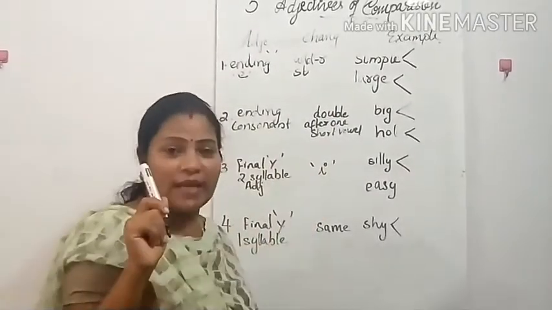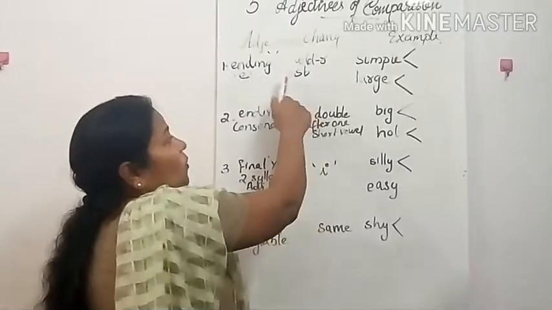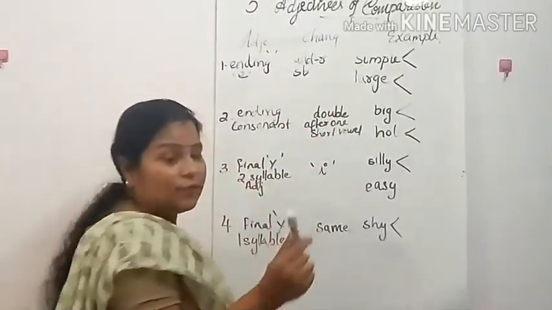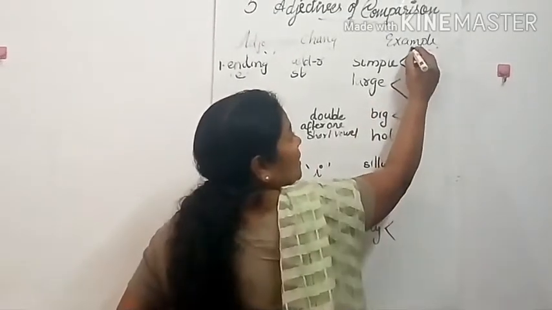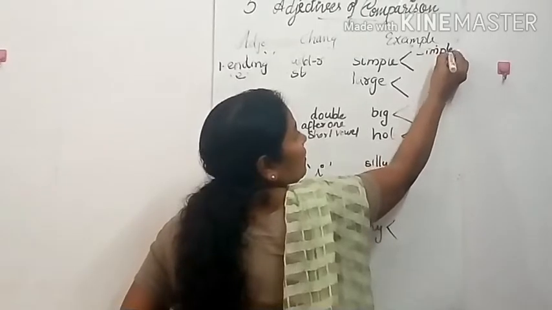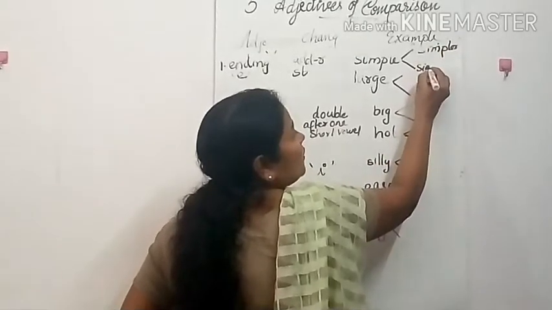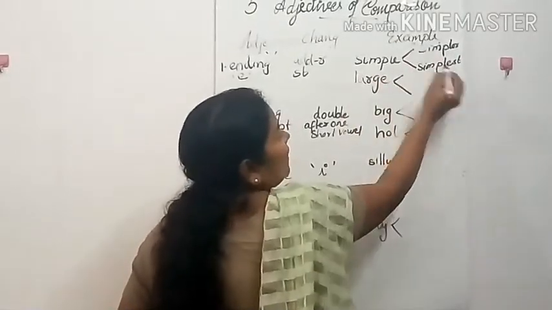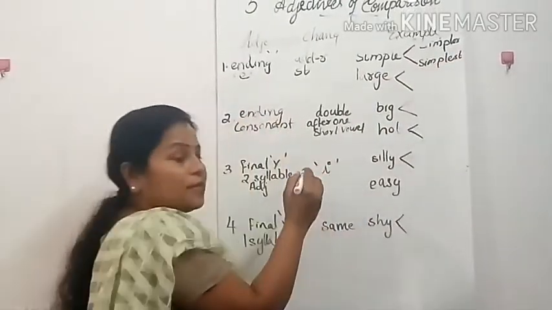Large is a word which ends in e. So what you are going to do, you just have to add r or st to it. Okay. So we have comparative, what we are going to write? Simpler, and superlative, simplest. Okay. E is already there, so add r and st.